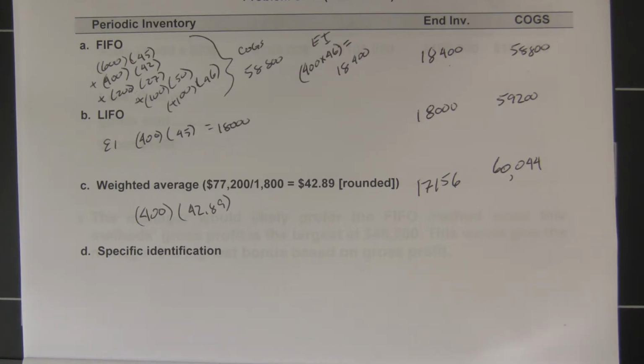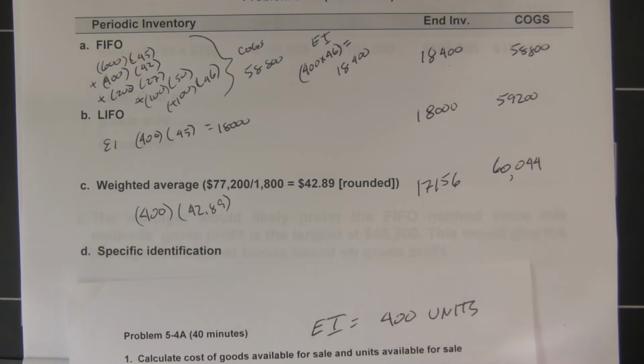Now, for specific identification, you can do either way. You can either do the cost of goods sold, or you can do ending inventory and then compute the other. For this one, I'm going to do cost of goods sold because the numbers are easier.